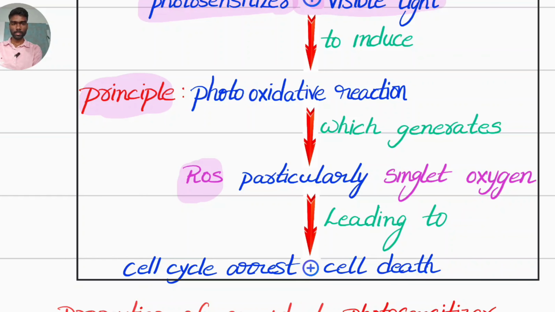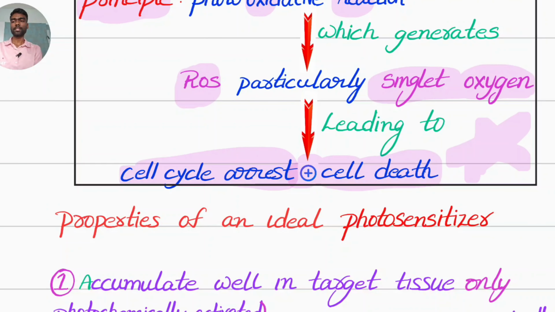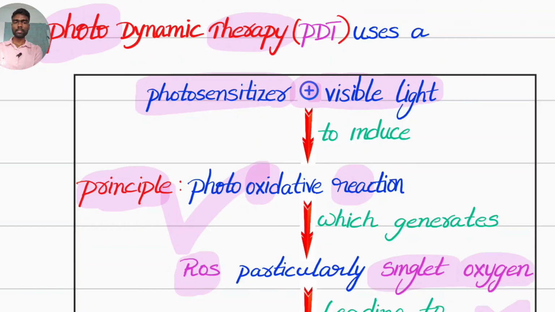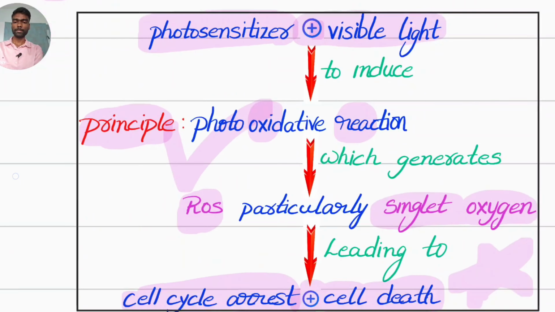In the name itself we can see reactive oxygen species, particularly singlet oxygen, which leads to cell cycle arrest and cell death of cancer cells. Our main aim behind photodynamic therapy is killing cancer cells. This is achieved by the principle of photooxidative reaction using both photosensitizer and visible light.